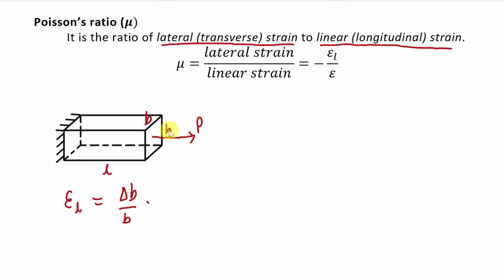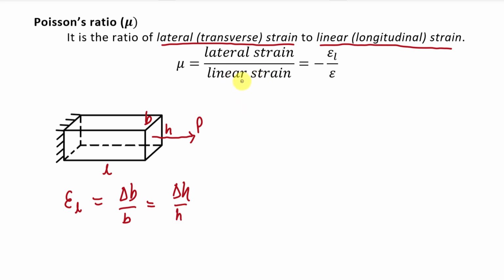And it will be equal to delta H divided by H. Here this delta B and delta H is the change in lateral dimension, and this B and H is the original lateral dimension. So what is lateral strain? Lateral strain is change in lateral dimension divided by original lateral dimension, right? And both will be the same because our material is homogeneous and isotropic.